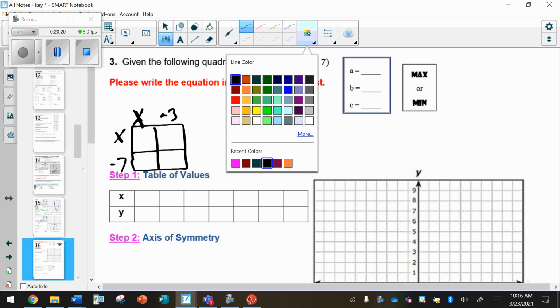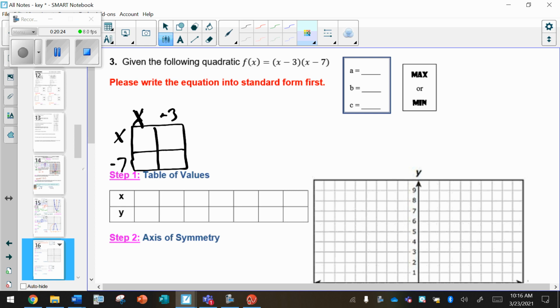Option two. Using our skills from our factoring units, remember that when we had our expression, we were looking for two numbers that multiply to be c and add up to be the middle number b. And we would come up with two numbers that we put in our parentheses. Well, now let's do that the other way.